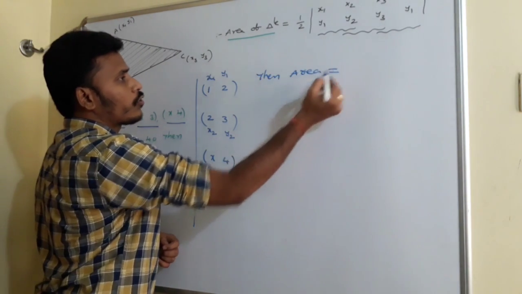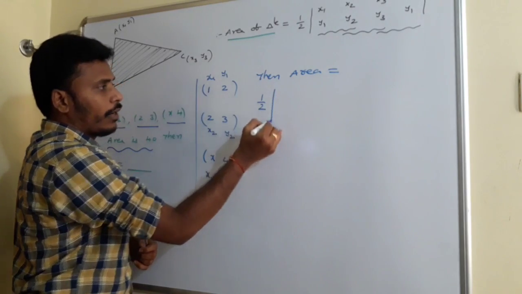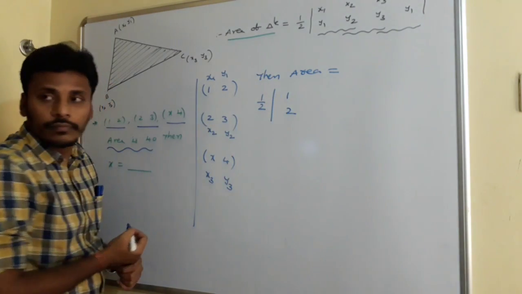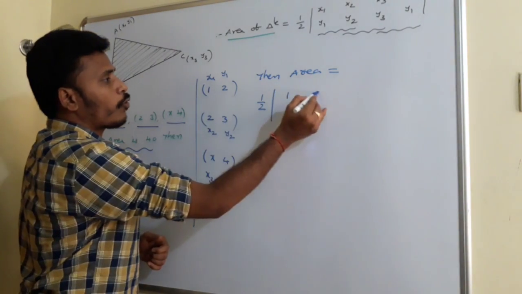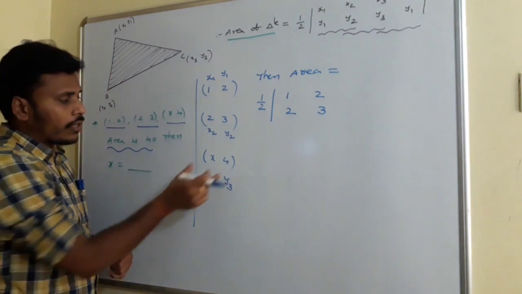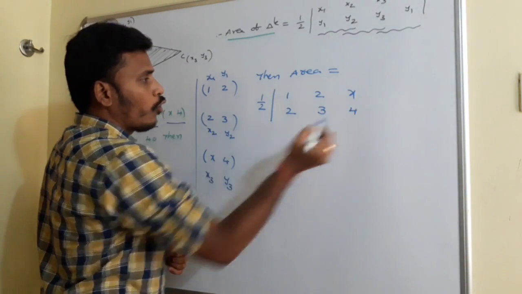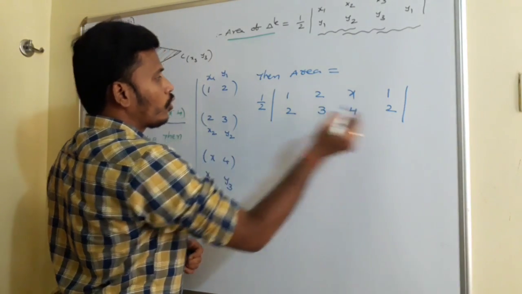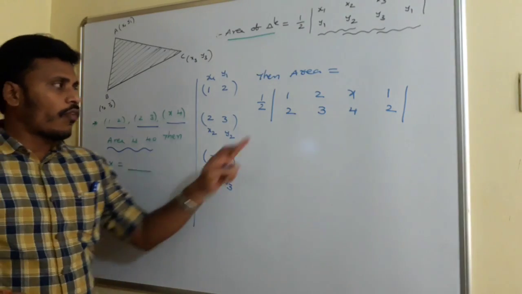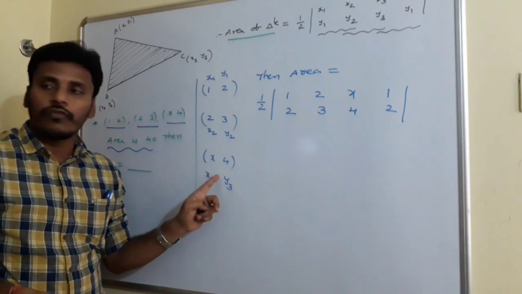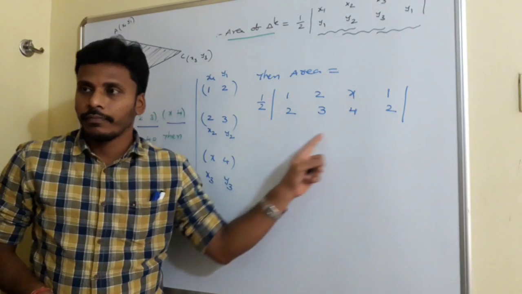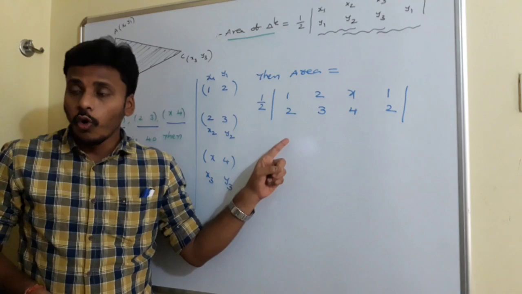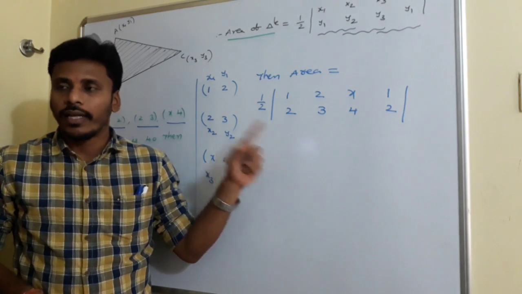Area is equal to half the determinant of: the coordinates of the first point 1 2, the second point 2 3, the third point x 4, and again the first point 1 2. So this is the way to find the area. You write the coordinates of these 3 points in such a manner, and after writing, you go with the crisscross method, usually called the determinant method.